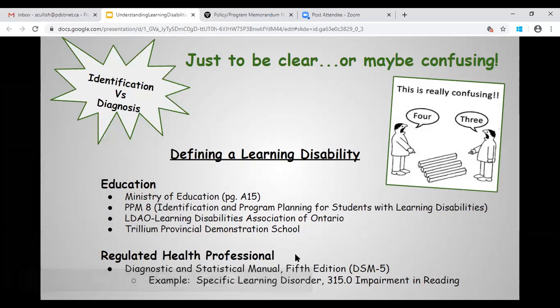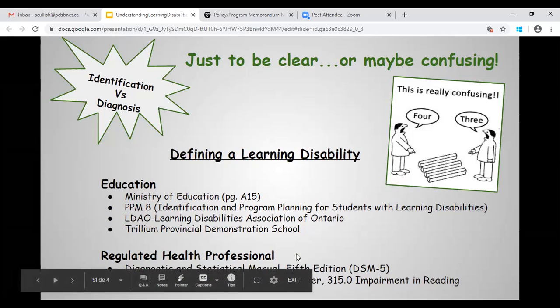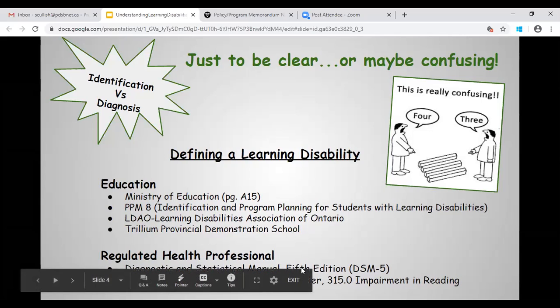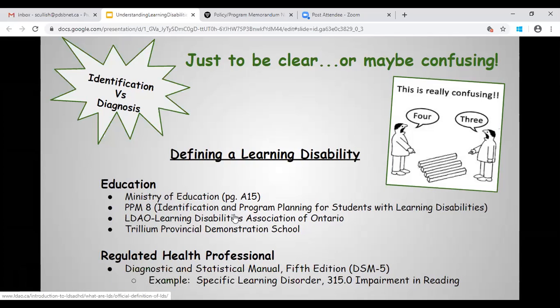The biggest difference being around processing weaknesses, with school boards and educational identification requiring the presence of processing weaknesses, where diagnostic criteria does not. So we're going to talk a little bit more in depth around the educational piece and what we look for when we're identifying a learning disability.